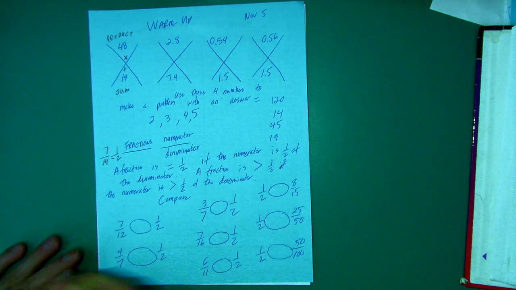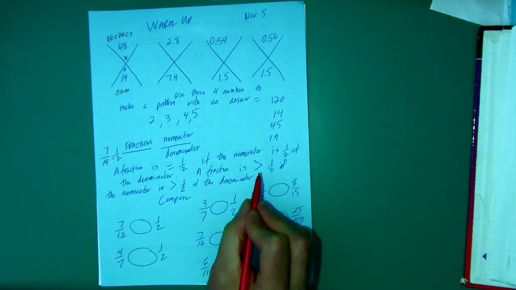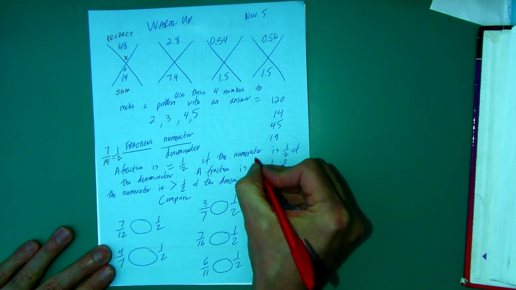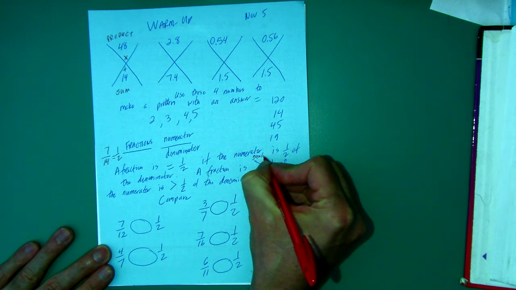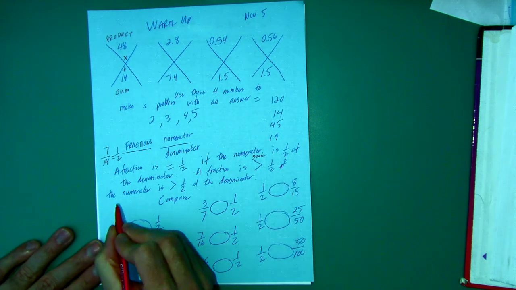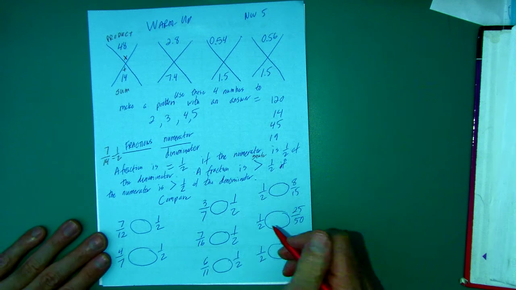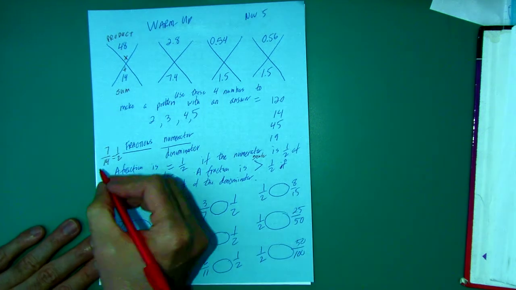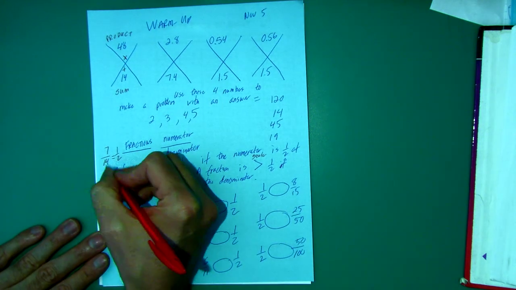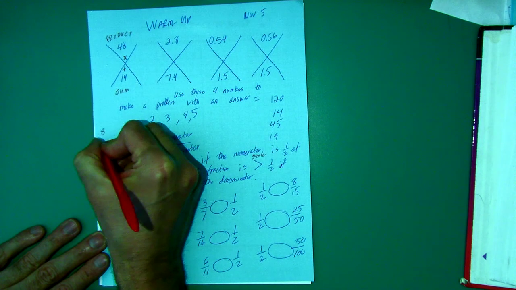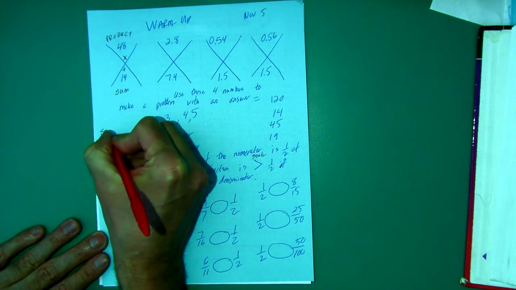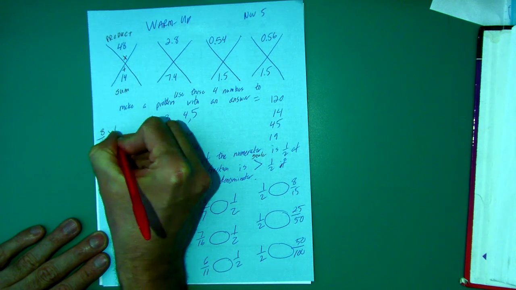Now, a fraction is greater than, that symbol right there means greater, it's bigger than a half if the numerator is bigger than half the denominator. Back to our 14ths. 7/14, 7 is exactly half. 8 is more than half of 14. So 8/14 is greater than 1/2.